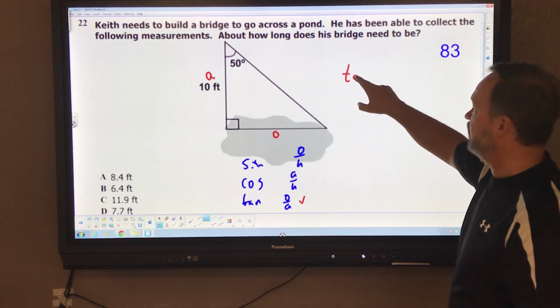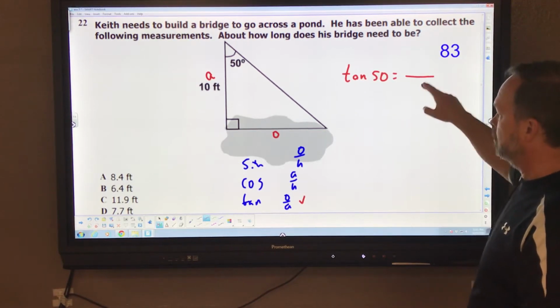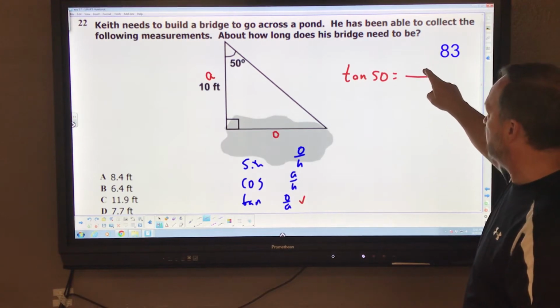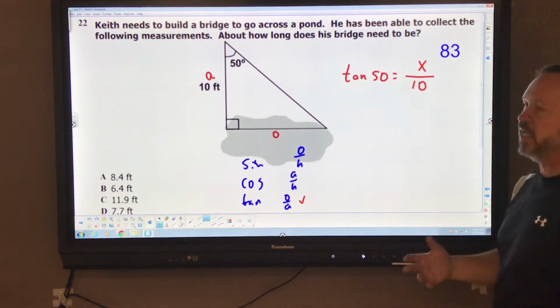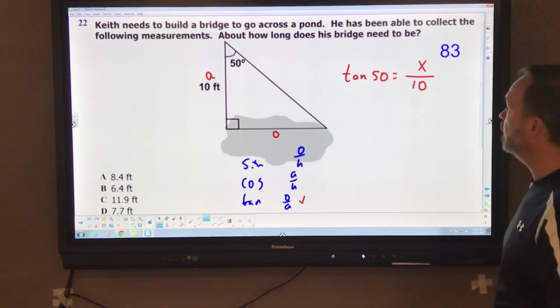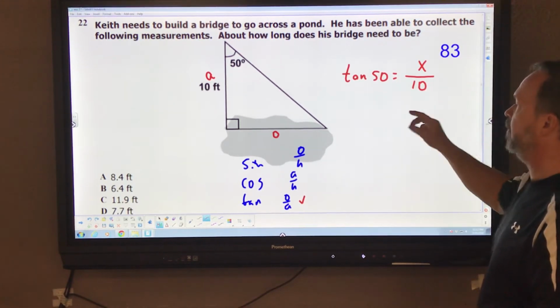So the tangent of 50 is equal to opposite divided by adjacent. Opposite is the unknown in this case, and the adjacent is 10. This is one of the easier ones as far as the calculations go. And so if I want to get x by itself, I've got to get rid of the division by 10, so I multiply by 10.